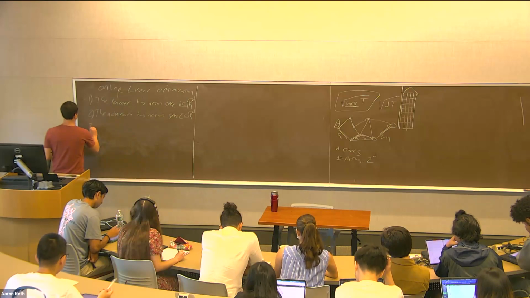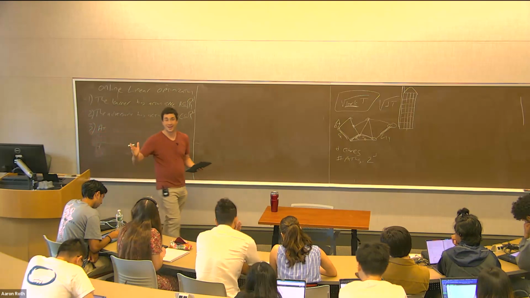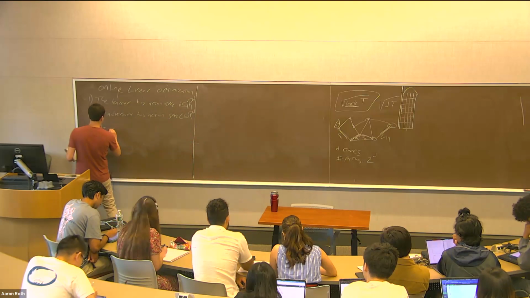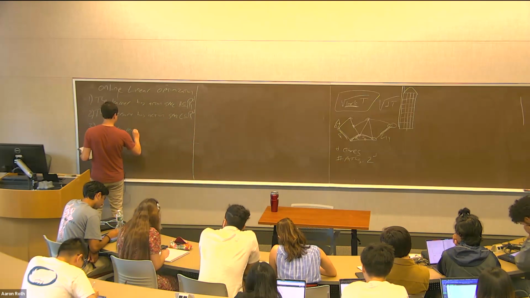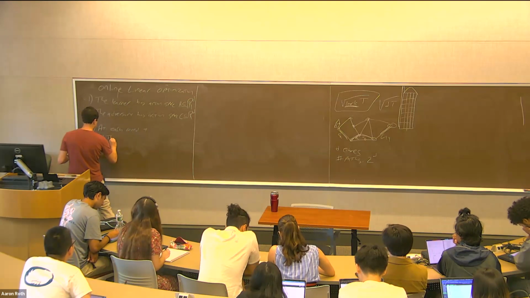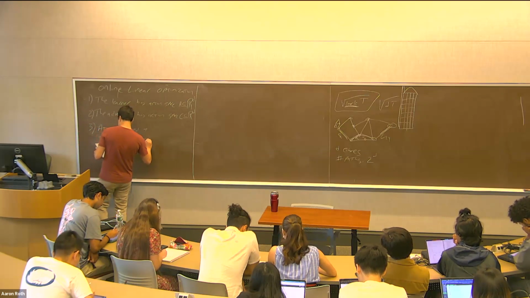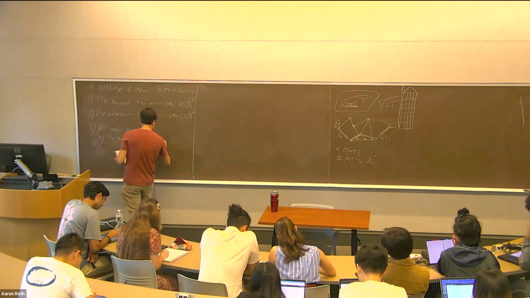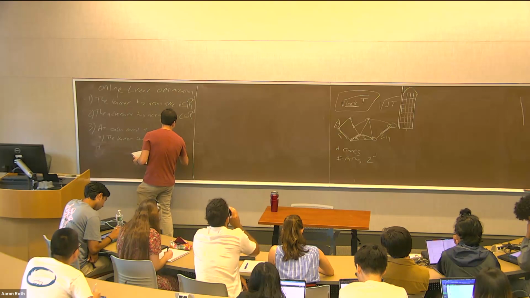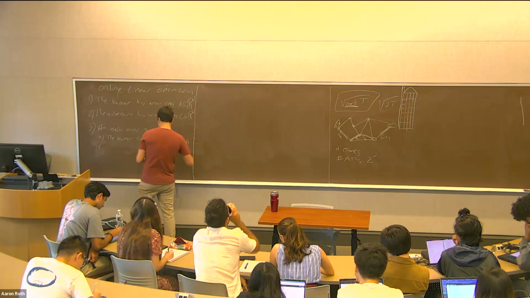And then we have an interaction that looks a lot like the experts interaction, just in this high dimensional space. So at each round t, the learner chooses an action a_t, which is actually a probability distribution over their action space.